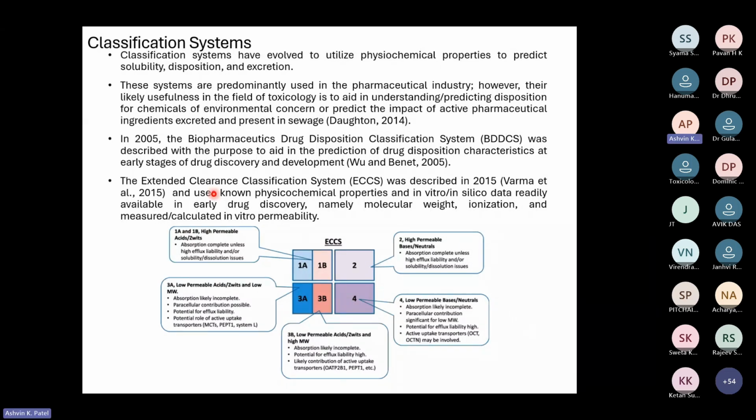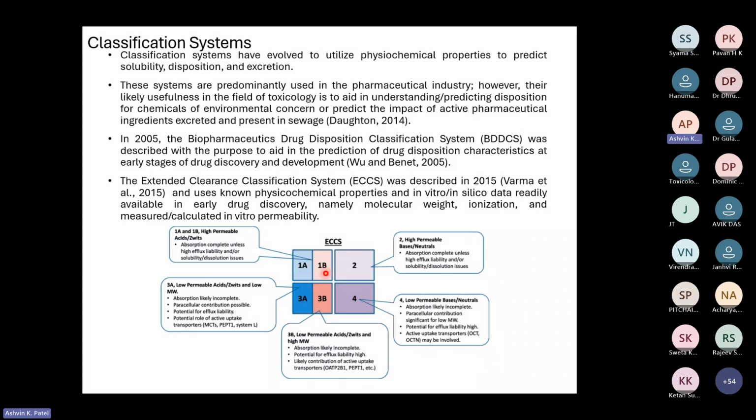It uses physicochemical properties and in vitro and in silico data readily available in drug discovery, based on molecular weight, ionization, and in vitro permeability, and it is divided into 4 parts.